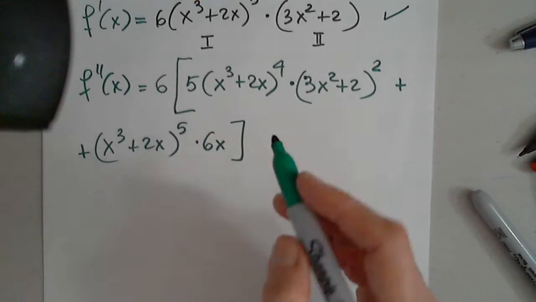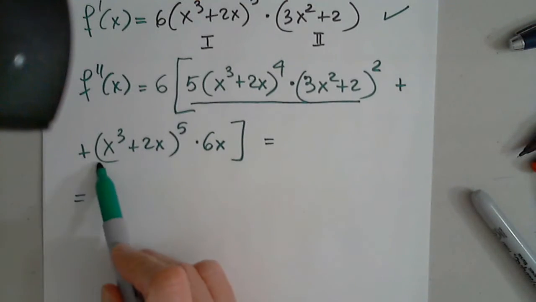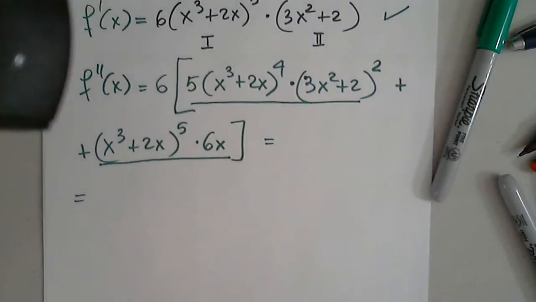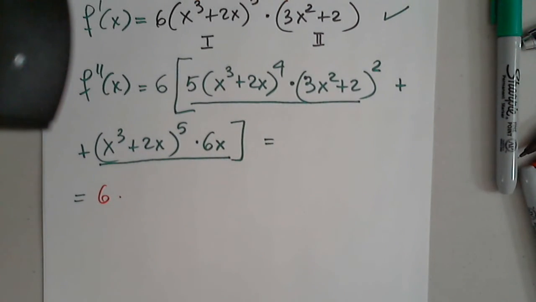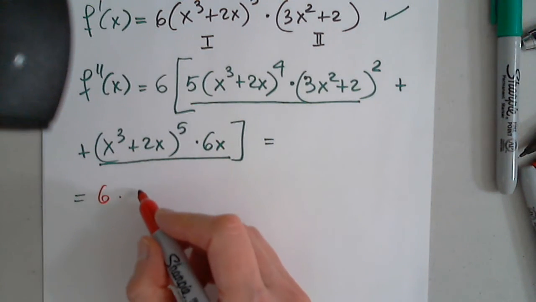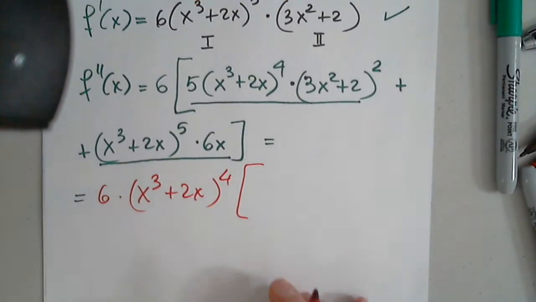So now we have to factor out something that is common, and I have 2 terms. Anyone else would like to tell us the common factor and leave the 6 outside? You could bring out x cubed plus 2x to the 4th. Very good. (x cubed plus 2x) to the 4th power. Great job.